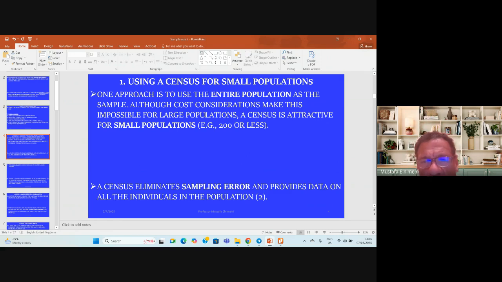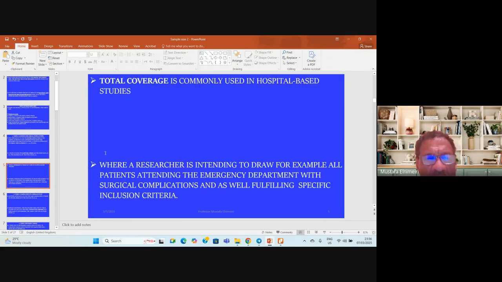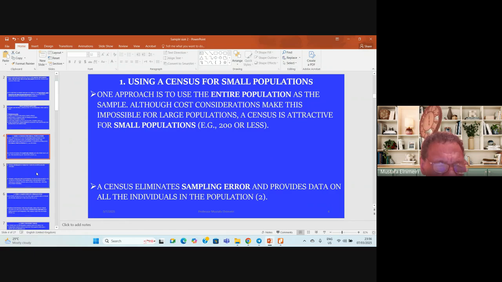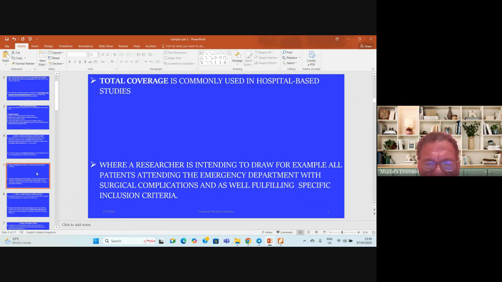But usually for a small population, for example, a population less than 200, you can use the whole census of the population as the sample size. A census eliminates sampling error and provides data on all the individuals in the population. But there are definitely some problems with it. We will talk about them later.